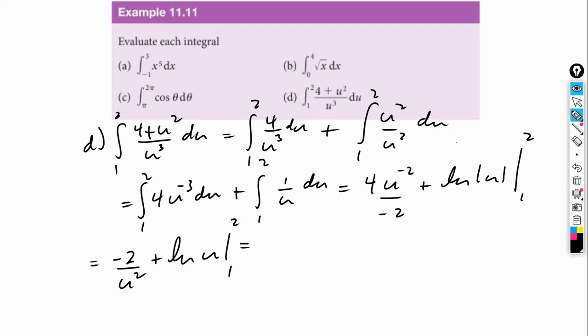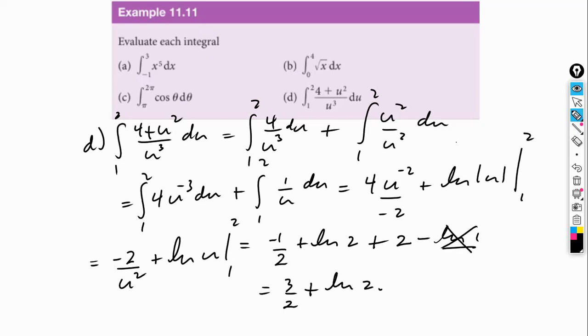Notice that this is going to give us negative 1/2 plus the natural logarithm of 2. And then we're going to do minus, minus, so plus, 2 divided by 1, so that's going to be 2. And then minus the natural logarithm of 1. But remember that the natural logarithm of 1 is simply 0, so this would cancel out. Therefore, we're going to end up with the expression 3/2 plus the natural logarithm of 2.